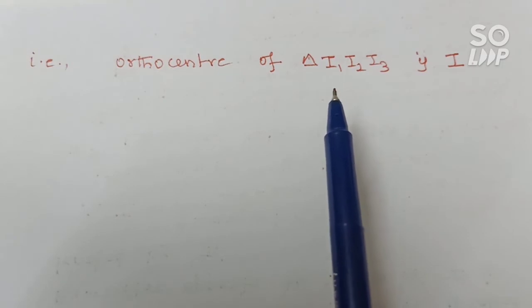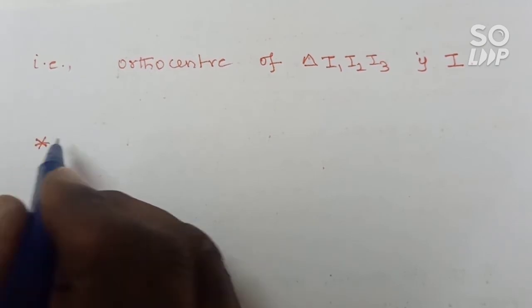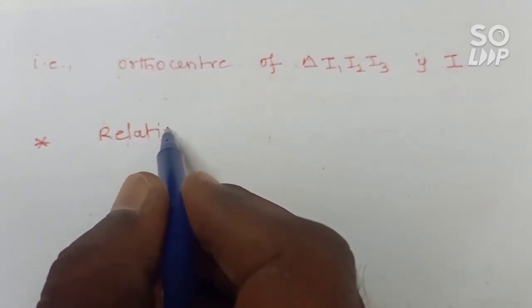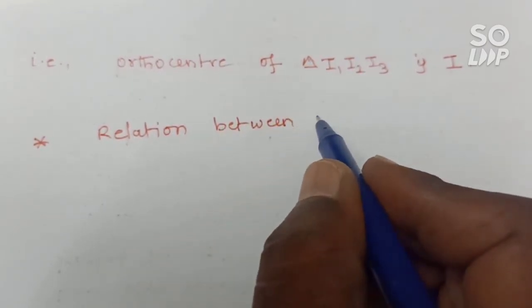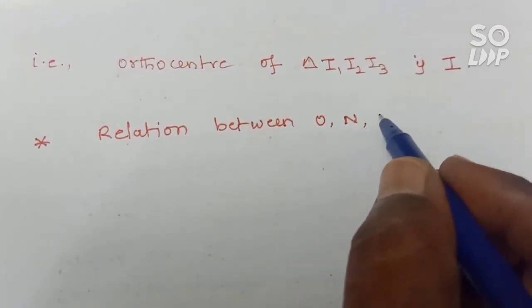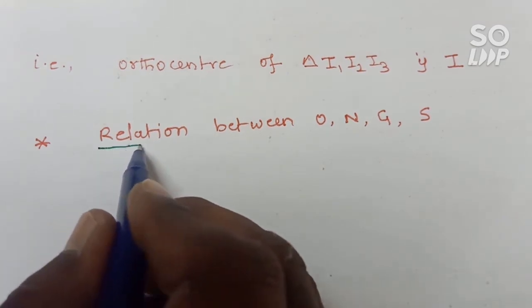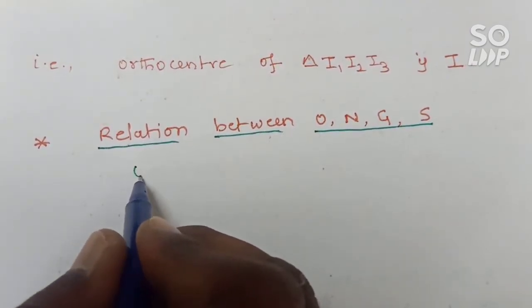Now the next concept is the relation between O, N, G, S. What are O, N, G, S here?